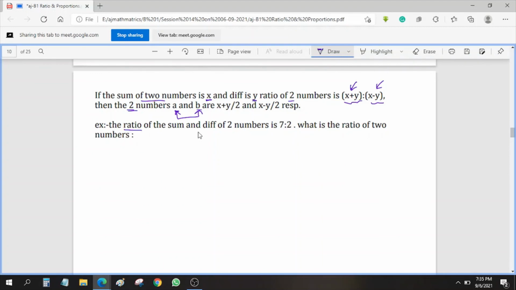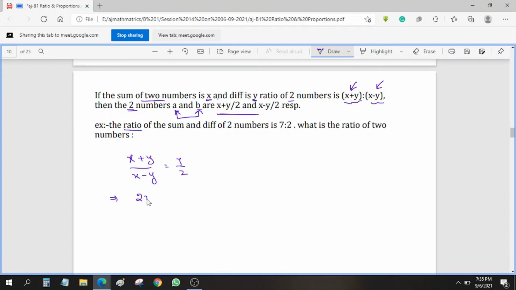The ratio of sum and difference of two numbers is 7 is to 2. Now I am writing the sum of two numbers x plus y by the difference of two numbers x minus y, which is equal to 7 by 2, and it is asking the ratio of two numbers. Actually, the ratio of two numbers is given by the formula, but if you don't remember the formula, how do we do it?